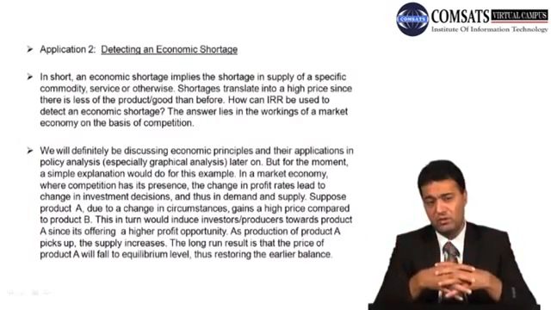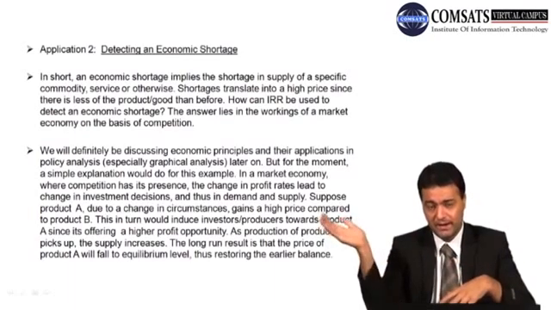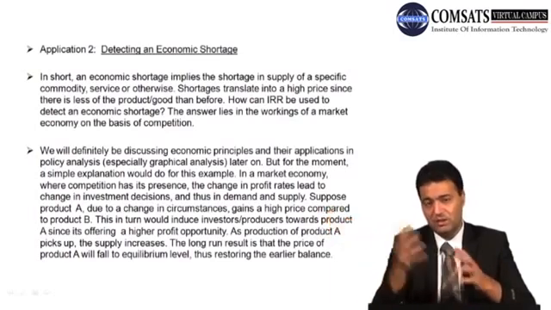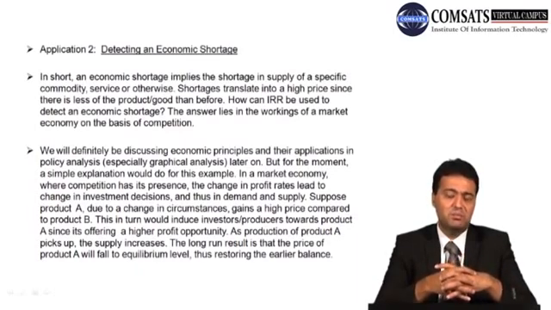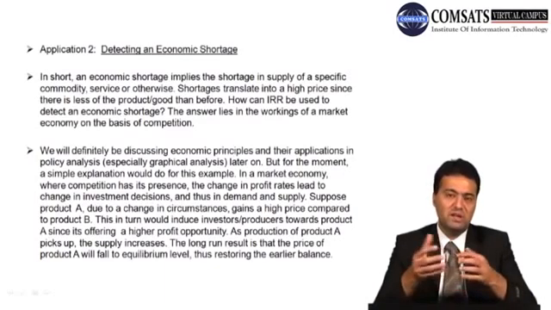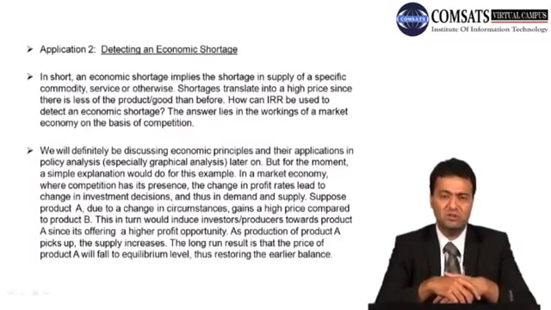You can gauge from that there is perhaps a shortage of that good for which all the people are lining up. You must have seen the lines at the CNG stations, the compressed natural gas stations. That is due to the shortage. So that's an observation. But not all the shortages are that simple to detect.